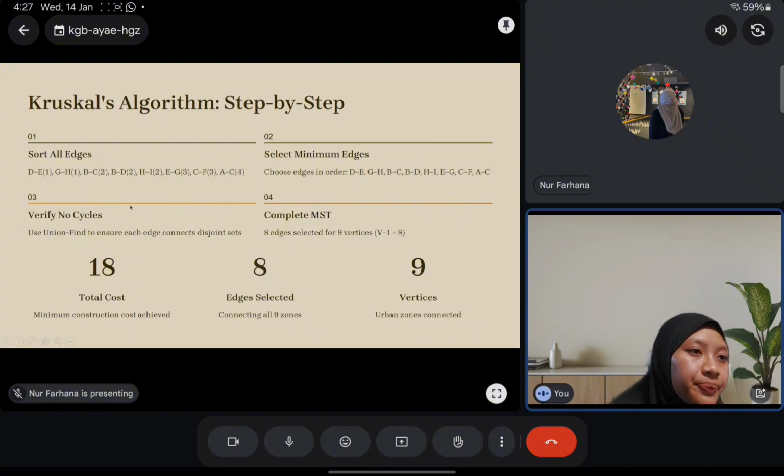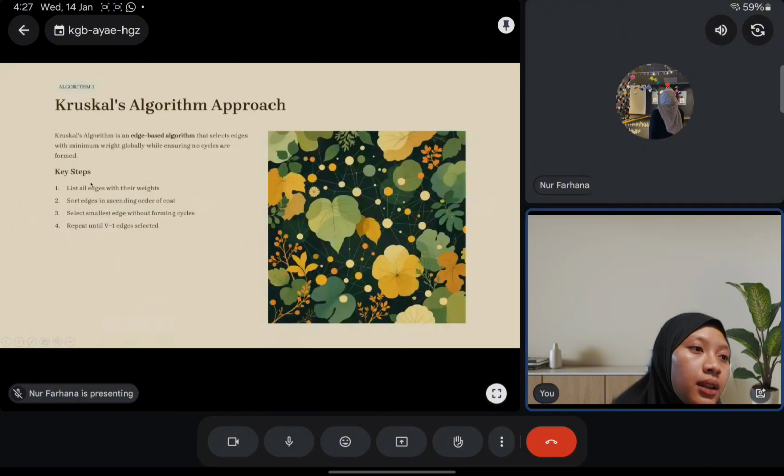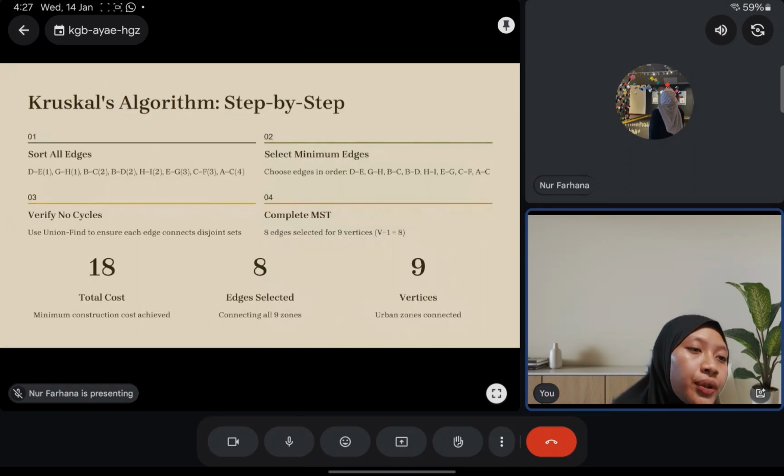First of all, we need to sort all edges in ascending order of cost. So in ascending order of cost, we will start with 1.